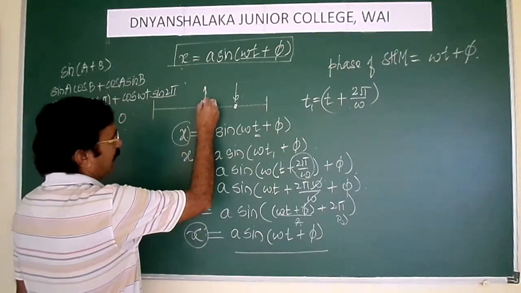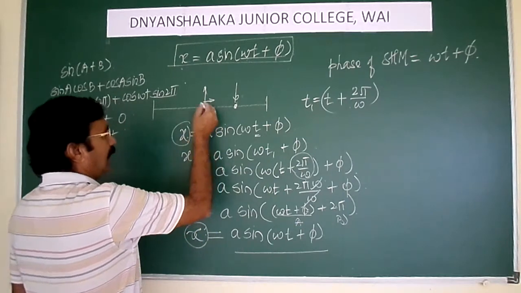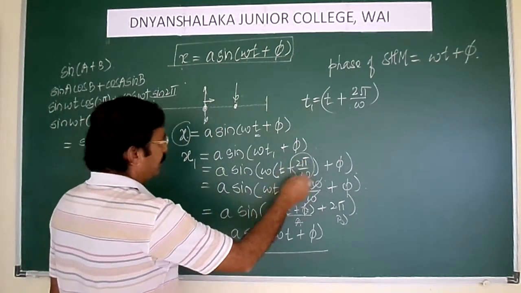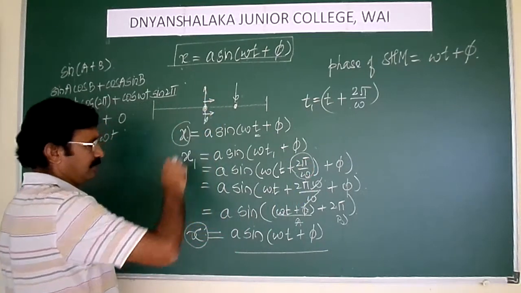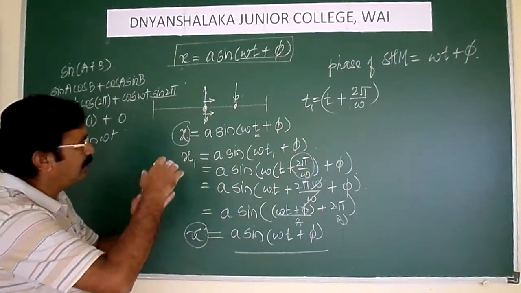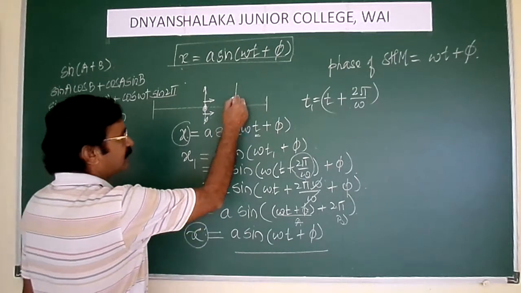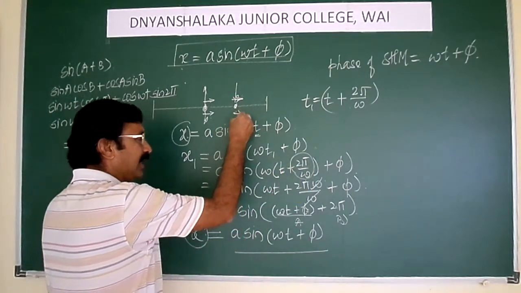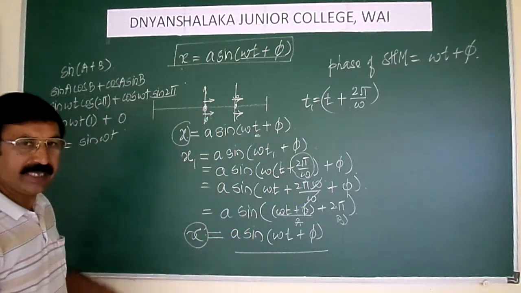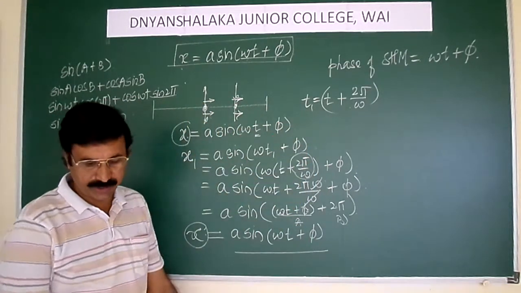And so if the particle starts from here, after time 2 pi upon omega, it comes to the same starting position. If it starts from here, after time 2 pi upon omega, it will be at the same position again in the same state of vibration.